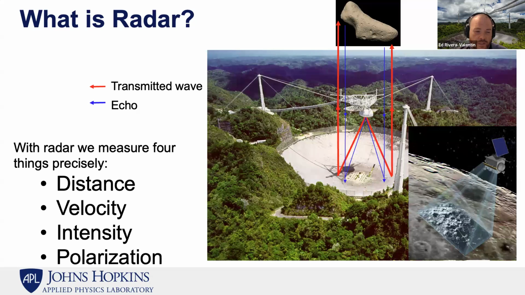Generally speaking, you can box the type of measurements that we can make in radar into 4 categories. We can measure distance and velocity really well. For example, for asteroids, these objects are typically hundreds of millions of kilometers away from the Earth, and with Arecibo, we were able to measure that distance down to a meter.